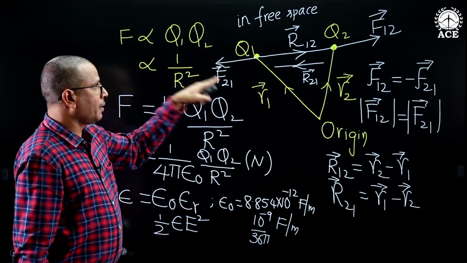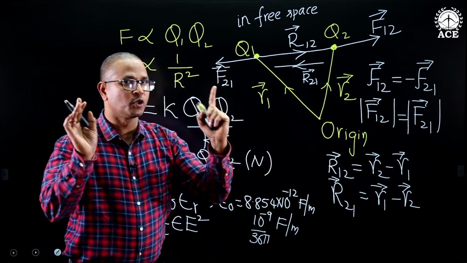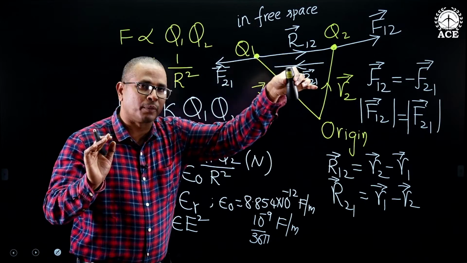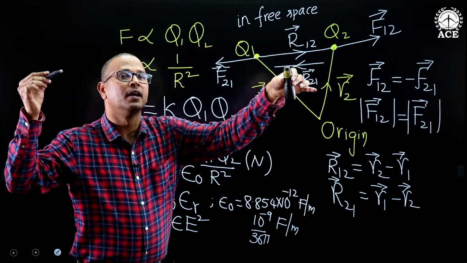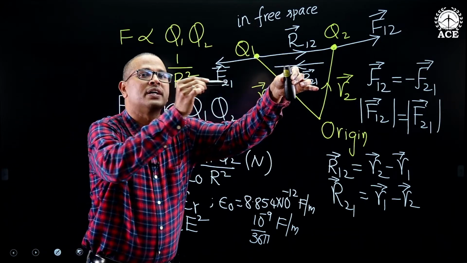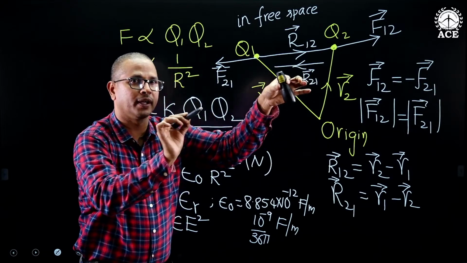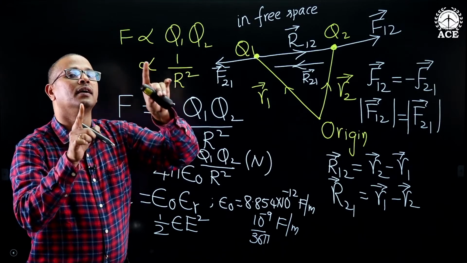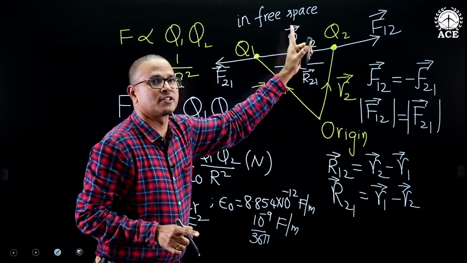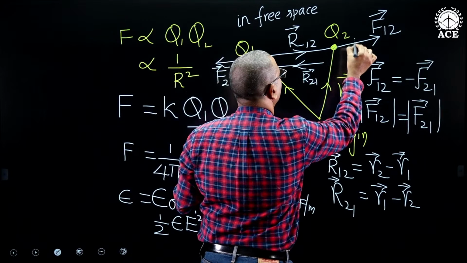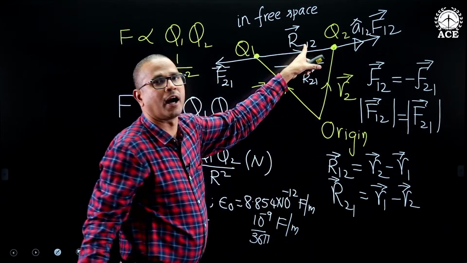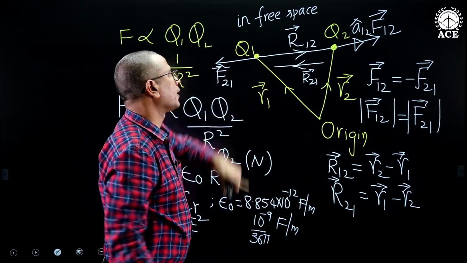Dear students, remember this is very important. When I have two objects, if I wish to find the force on this object due to this object, we must draw the displacement towards this object. This is very, very important. That displacement direction will decide the final direction of force. Here A12 cap is decided by R12 bar.